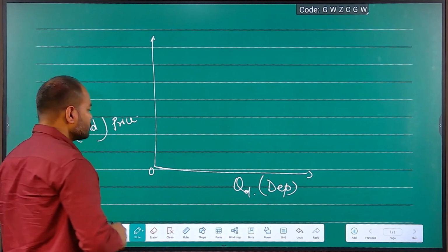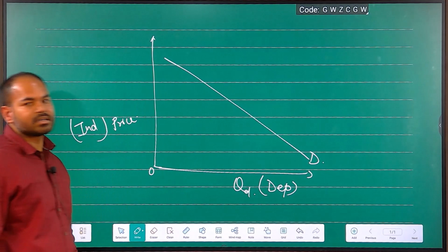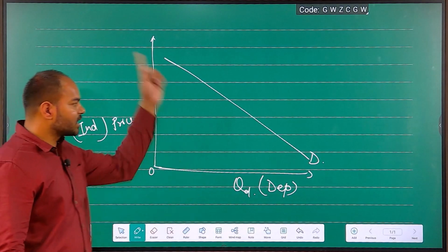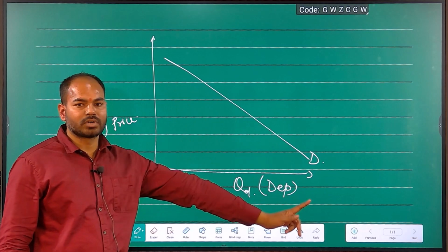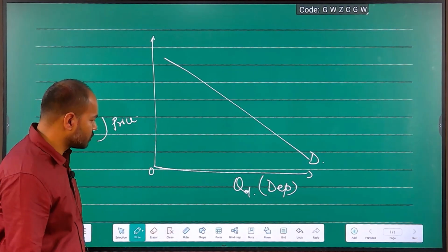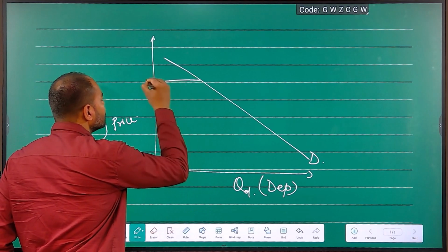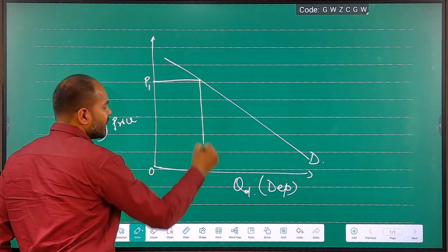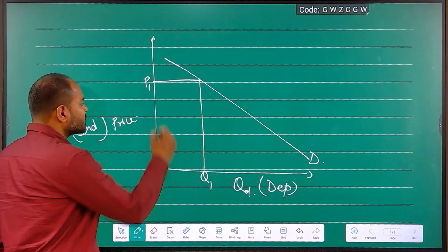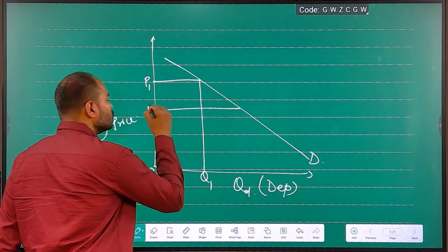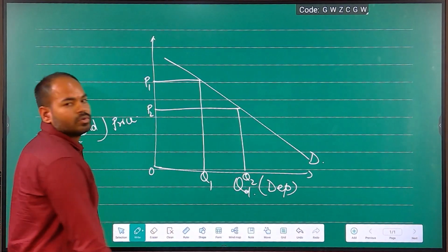Now, the demand curve looks something like this, a downward sloping curve from left to right. What does this suggest? It suggests that if price is something P1, then demand is something Q1. If price falls to P2, demand increases from Q1 to Q2.